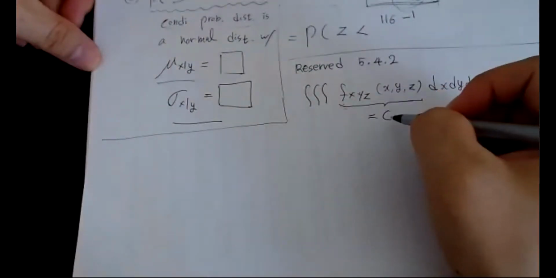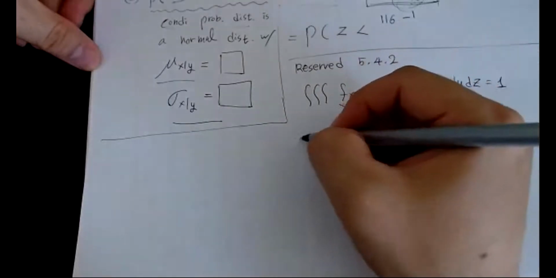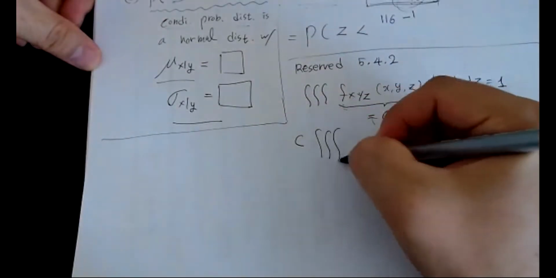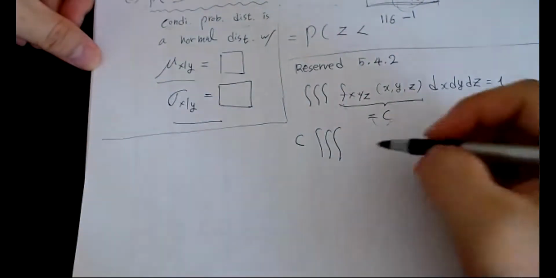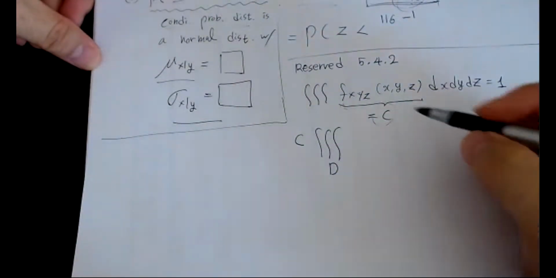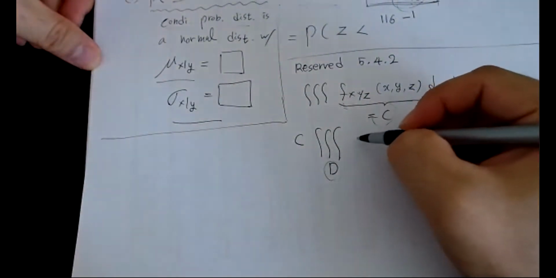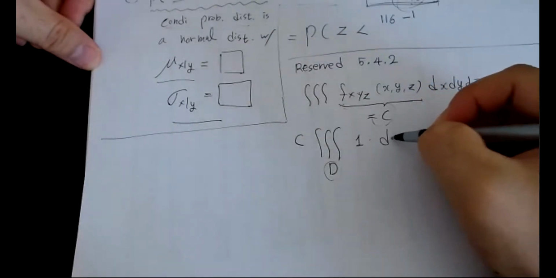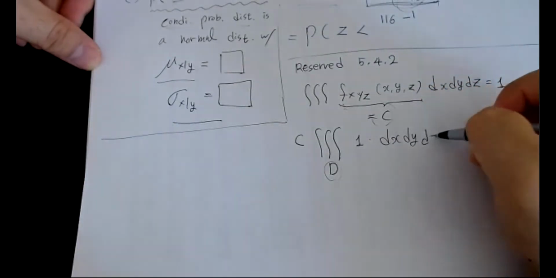But the problem says this is C, a constant. Since this is a constant, we can bring it out of the triple integral. So over the domain D, C times the integral of 1 dx dy dz equals 1.